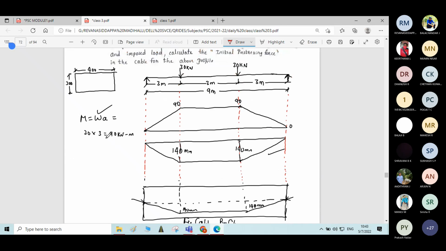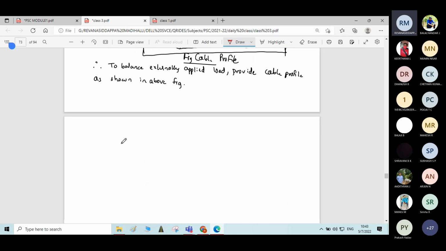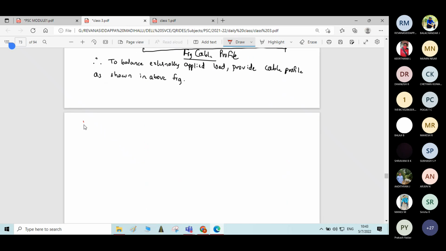Question B. Pre-stressing force required to balance externally applied load.